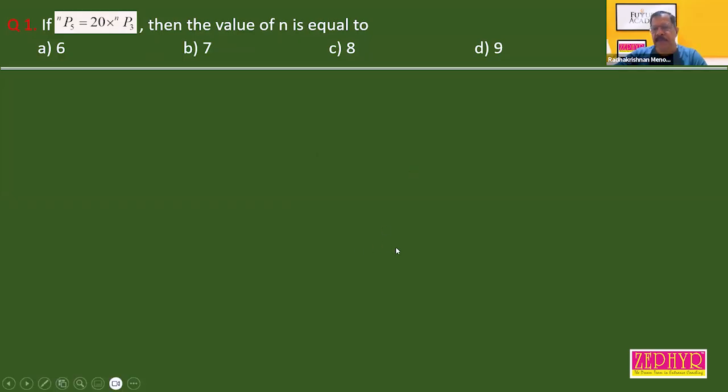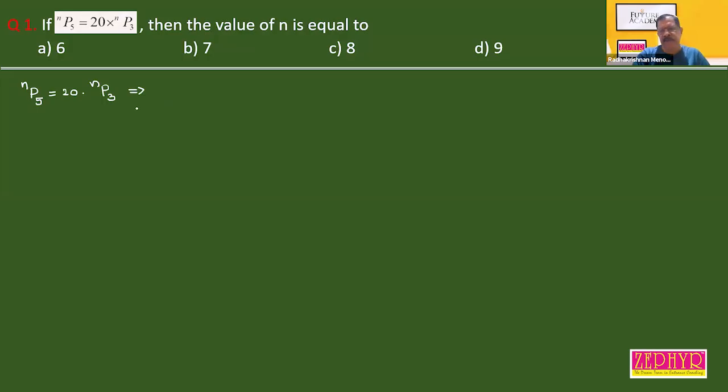Who can give me the correct answer? ആർക്കാണ് കറക്റ്റ് ആൻസർ പറയാൻ പറ്റുക? nP5 equal to 20 into nP3. Okay.